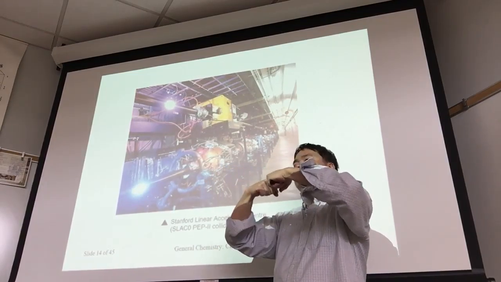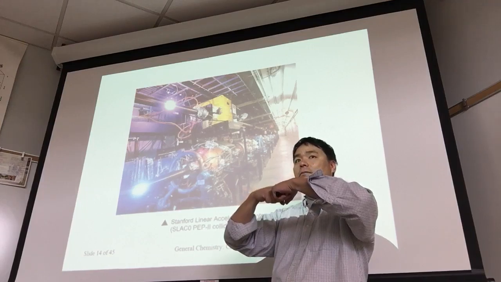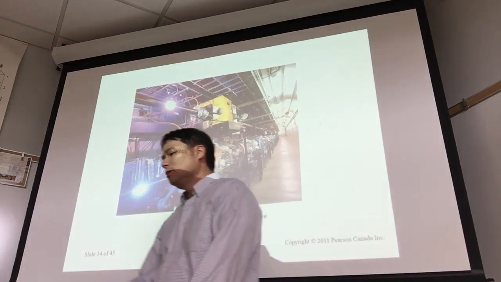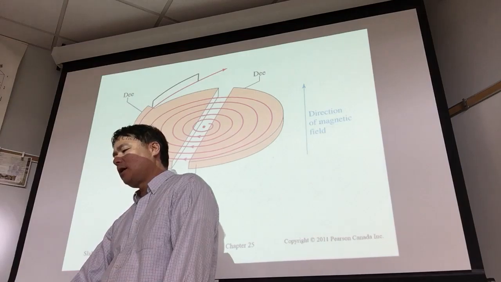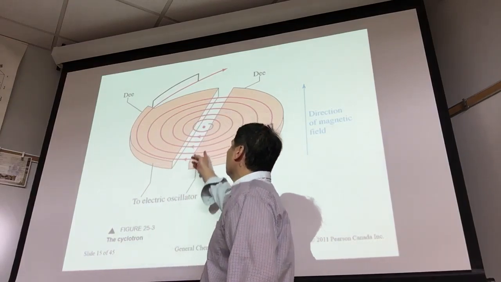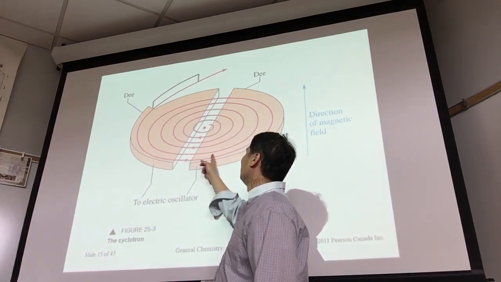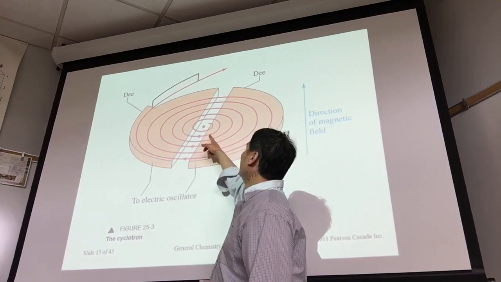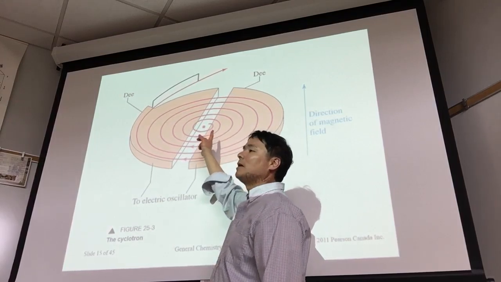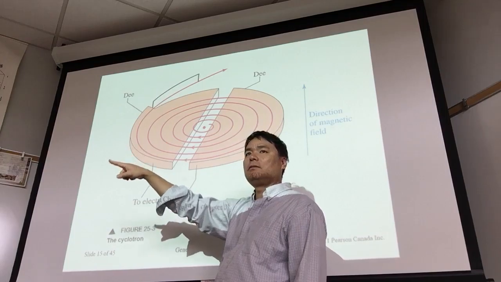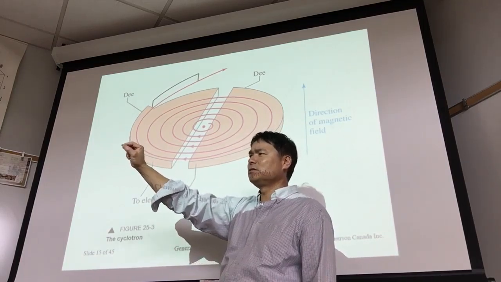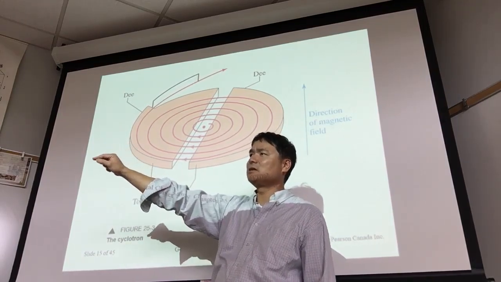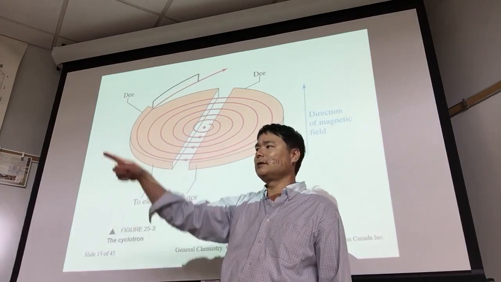A collision can get those nuclei to react with each other. And so nuclear synthesis relies on accelerating particles. You use electric and magnetic fields to contain the particles in space and then accelerate them along a path.